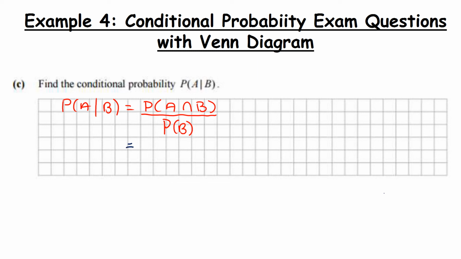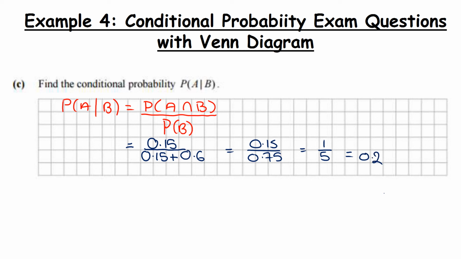The probability of A intersection B was 0.15. Now the probability of B is the intersection, 0.15, plus the 0.6 as well. So that gives me 0.15 over 0.75, which simplifies down to a fifth, which gives me 0.2.